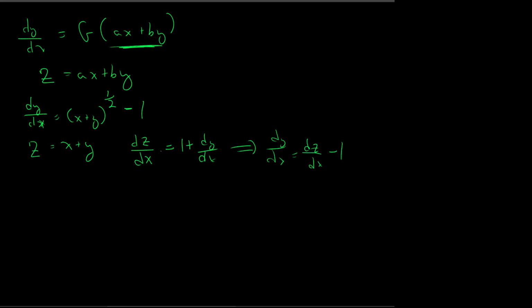I'm going to plug all of this in for dy/dx, so I get dz/dx minus 1 equals z to the 1/2 minus 1. And that's dz/dx equals z to the 1/2. And I get dz over z to the 1/2 equal to dx.